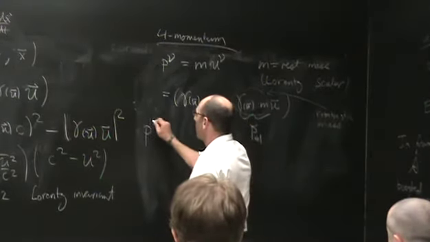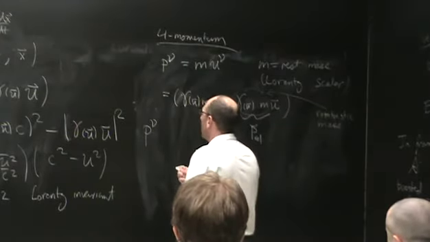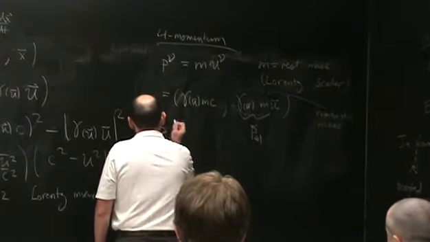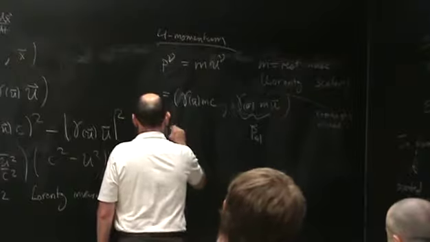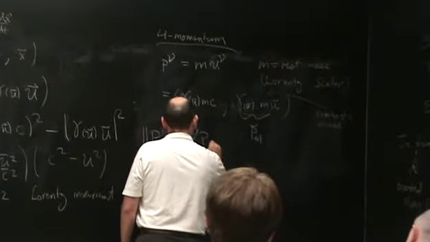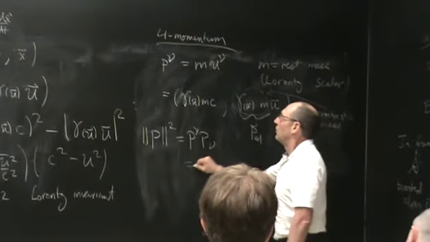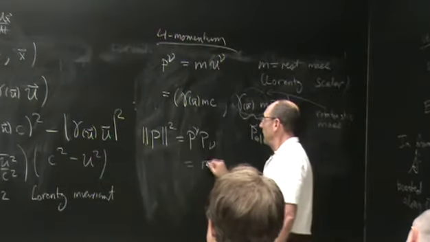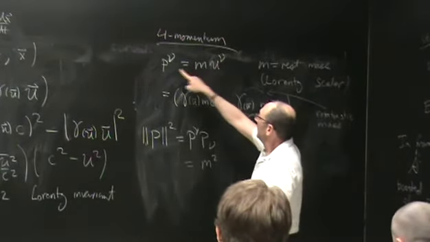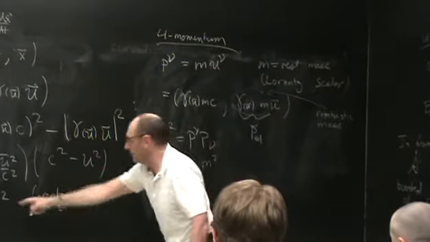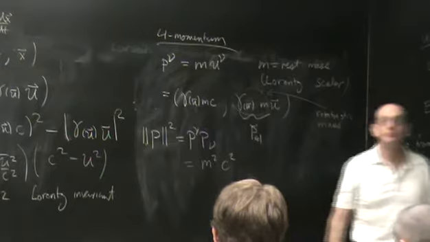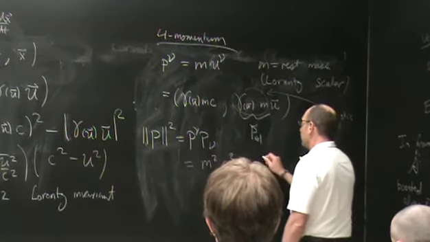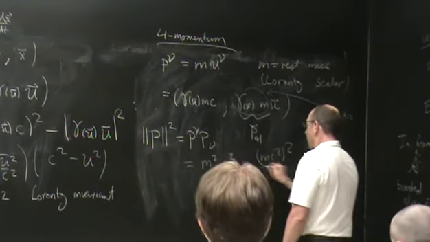Well, so what is the norm of the vector squared? Well, that's just going to be the mass times c squared. So we just had m times this, the norm squared of that was c squared, so the norm squared is m squared c squared. And that's a constant, which is the rest energy squared over c squared.